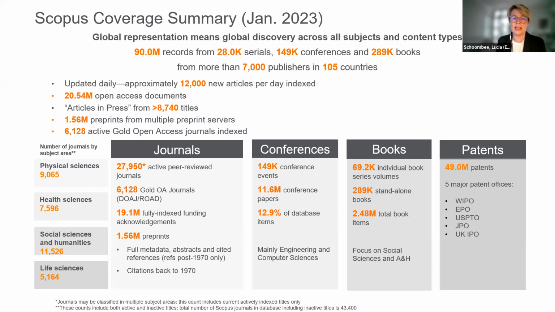Scopus is updated daily, and a large number of the papers are open access. So we cover more than 6,000 gold open access journals, and a gold open access journal means that the entire journal, everything that is covered in that journal, is open access, so you can get the full text.